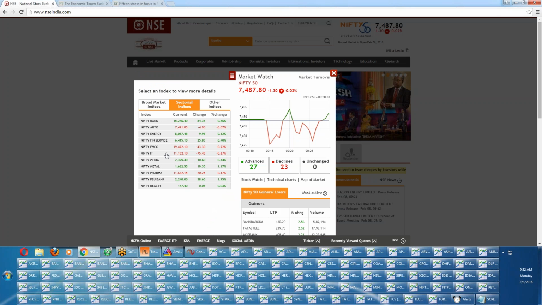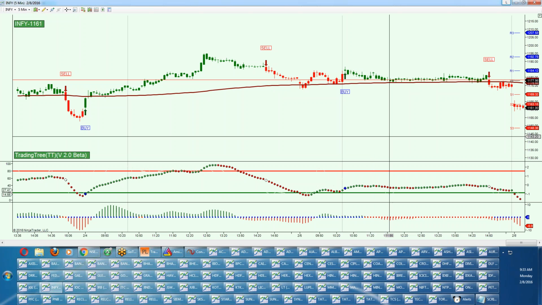You can see that IT is minus 0.6%. So you can see FMCG and your IT is in red, even auto too, and maybe even pharma also. But other than that, we have the PSU banks which are doing good. Metals are doing good. There is some fundamental news on metals. So you can keep track of the sectors here.